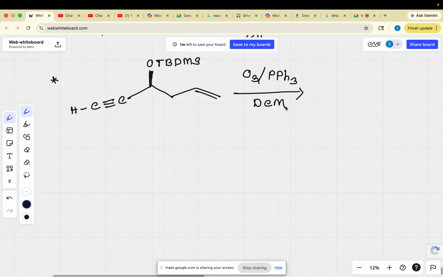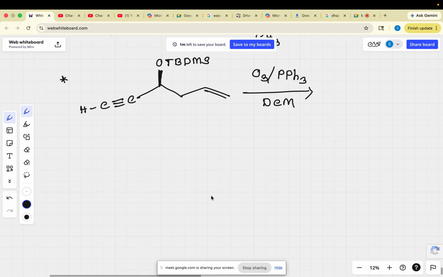The terminal vinyl group will convert into aldehydes. So is this oxidative or reductive?